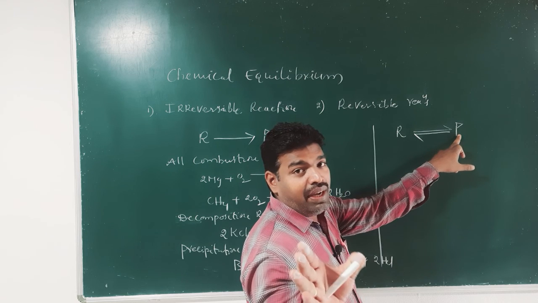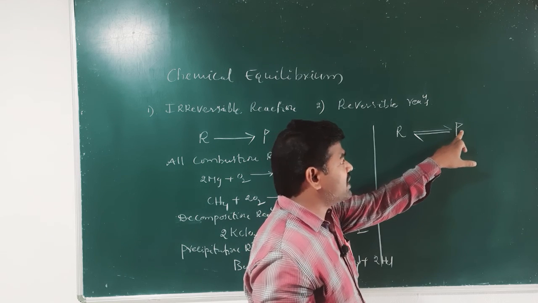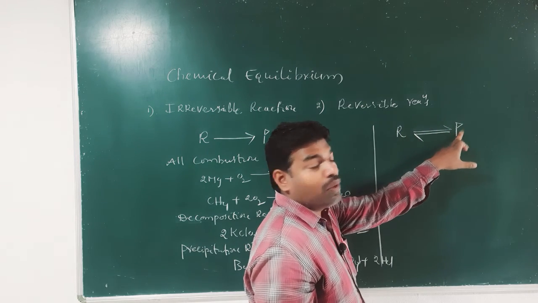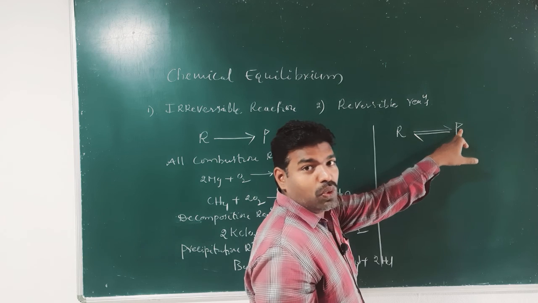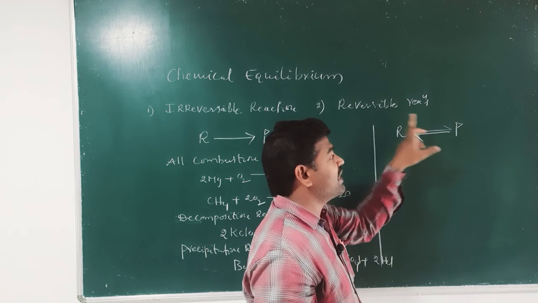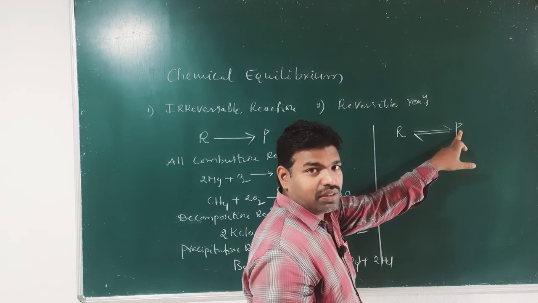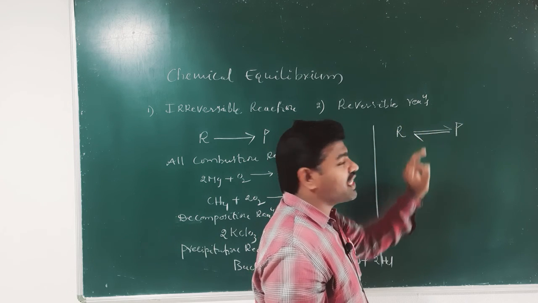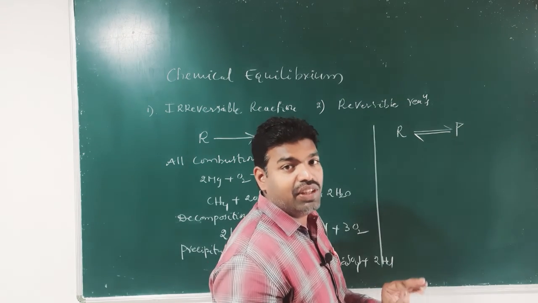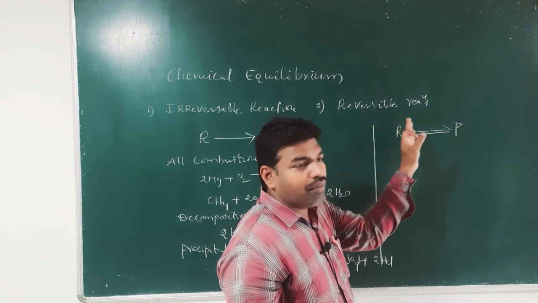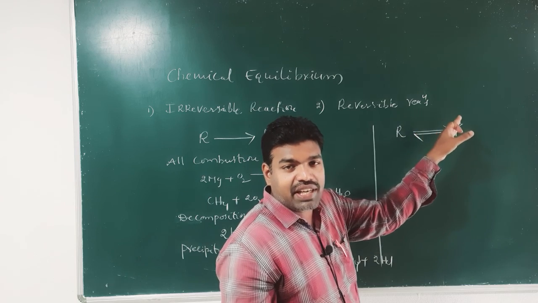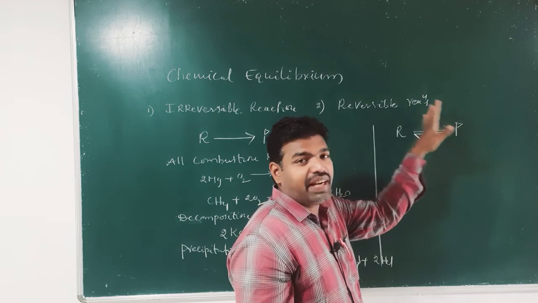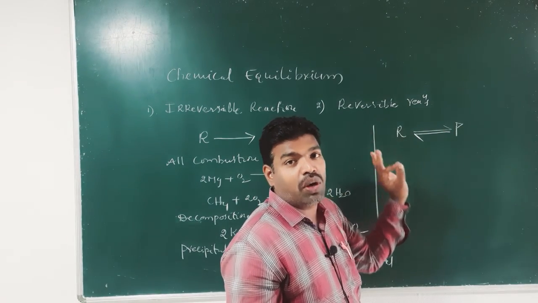After the formation of products, without completion of this reaction, products undergo chemical change, that is, products start to form reactants. The reactant to products reaction is not complete, and the products to reactants reaction is not complete.